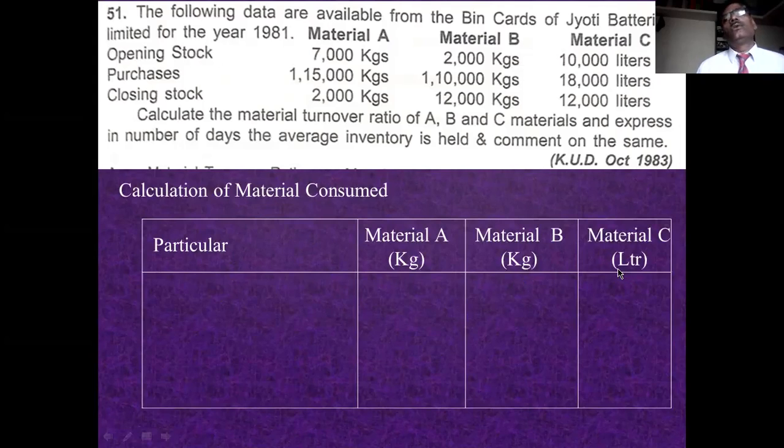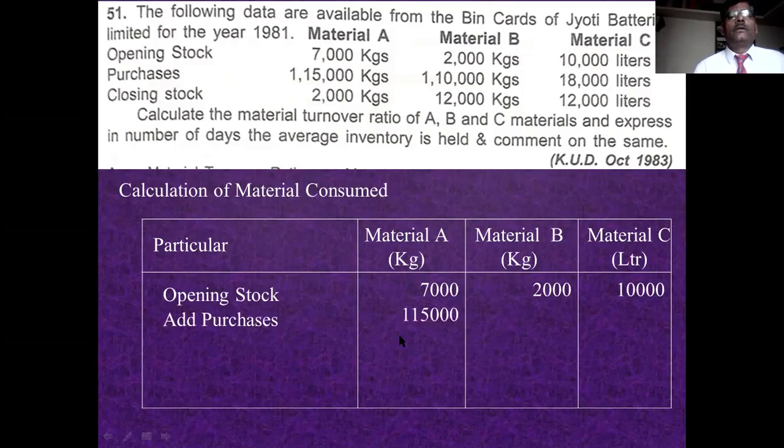Cost is given, so you take the problem cost based. If the quantity is given, you solve the problem based on quantity, no problem. Both quantity based and cost based are allowed. Opening stock of A, B, C.